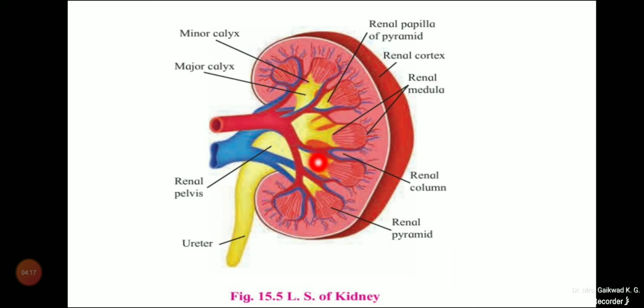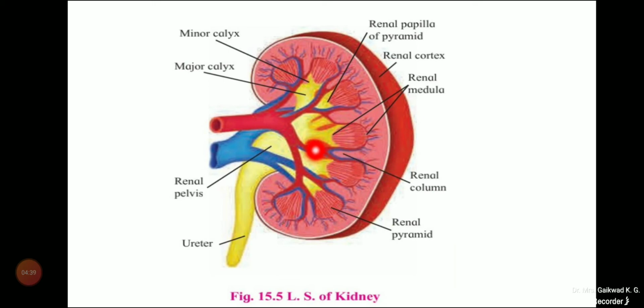The renal cortex is the outer, peripheral, red colored and granular region. The cortex contains the Malpighian bodies, convoluted tubules and the blood vessels. What about the medulla?